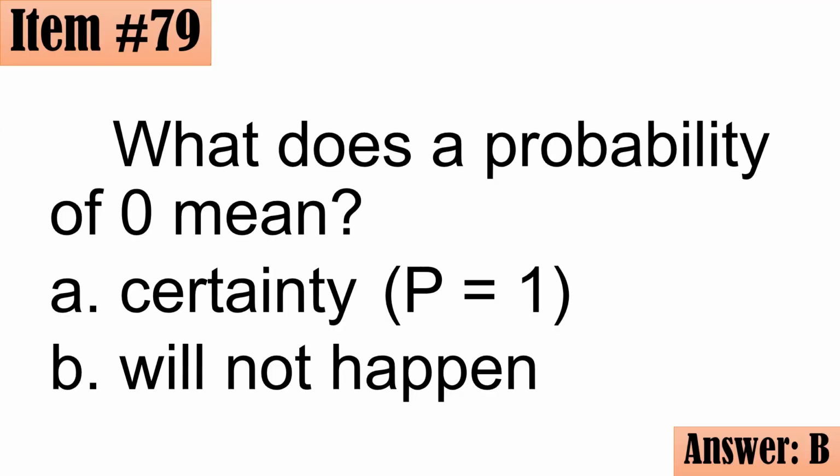Meaning, if the probability that an event will occur is 1, surely mangyayari po yan. Pero kapag yung probability mo or chance ay 0, kahit anong gawin mo, hindi po yan lalabas o mangyayari. Letter B.